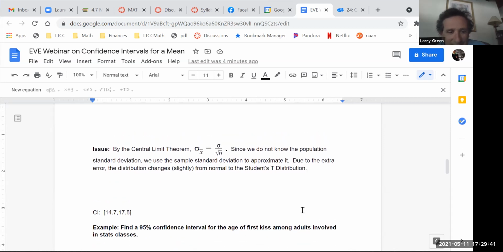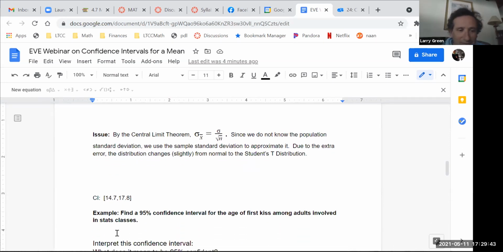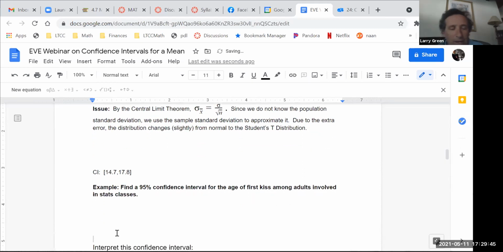All right, so now what I want to do next is understand this confidence interval deeply. An example is our example. The question might be: find a 95% confidence interval for age of first kiss among adults involved in stats classes.